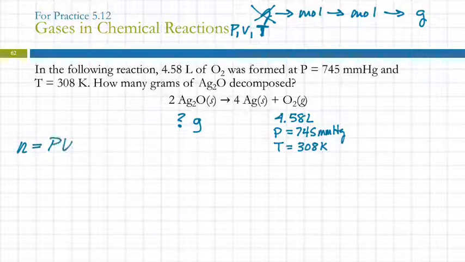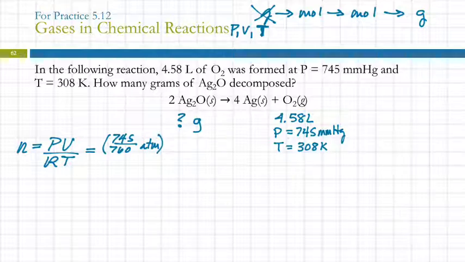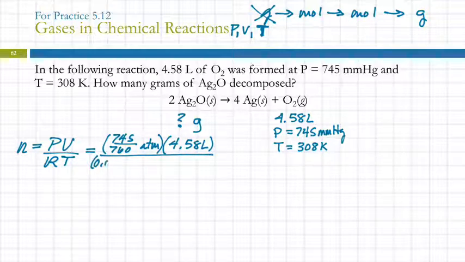n equals PV over RT. So pressure. It's given in millimeters of mercury. Well, that'd be 745 over 760 in atmospheres. And the volume was given, 4.58 liters. R is always the same, 0.08206 liter atmospheres per mole Kelvin.